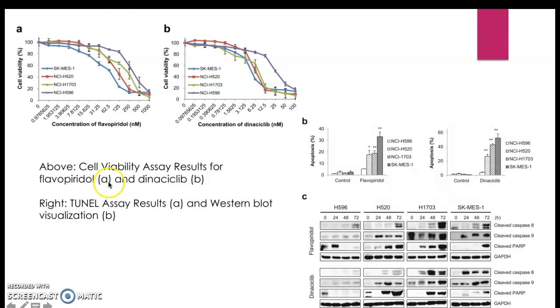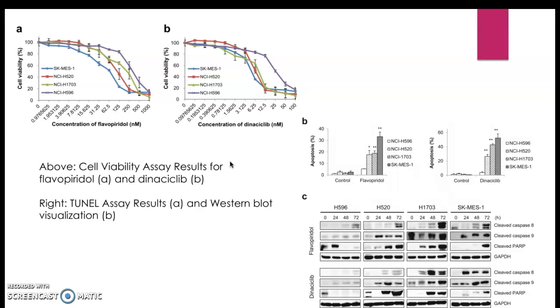So as you can see, the H596, which has the wild type gene, had the greatest cell viability, whereas the deficient or inactive versions of the gene had much lower, especially as concentration of the drugs increased. And this is good because that means that the drug is resulting in cancer cells not being able to grow if they're deficient in this gene.